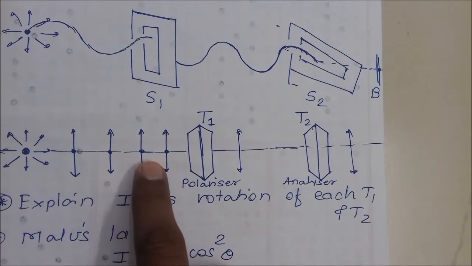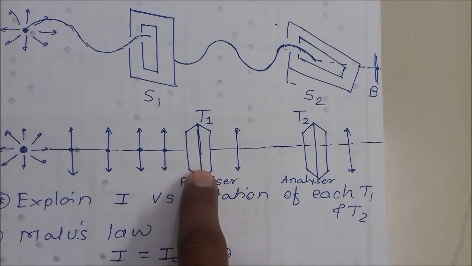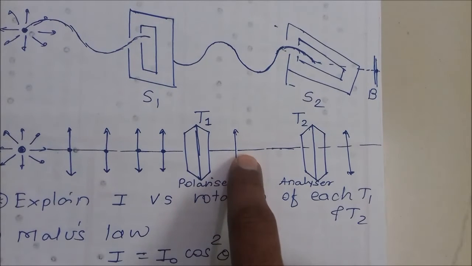If this intensity is I, then this intensity is I by 2, and that intensity is irrespective of the angle of the transmission axis. The angle of the transmission axis is immaterial. If unpolarized light intensity is I, then polarized light intensity is I by 2.